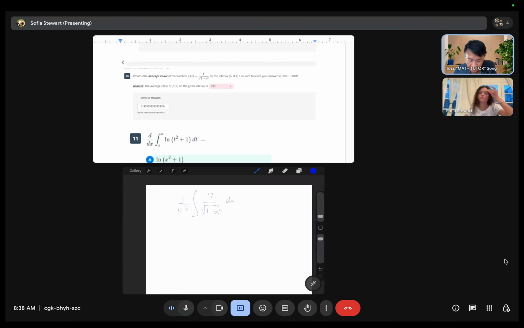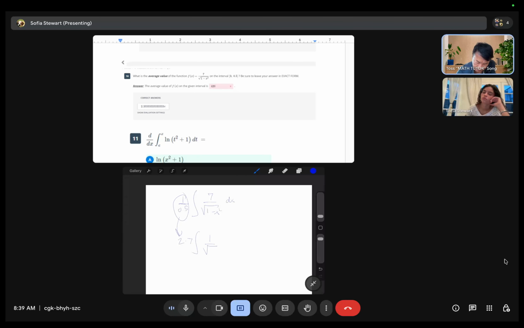Okay, so there is a formula for this, but let me prep it first. So it'll be 2 times 7. This is going to be 2, and I'll pull out the 7, and then I'll be left with this.